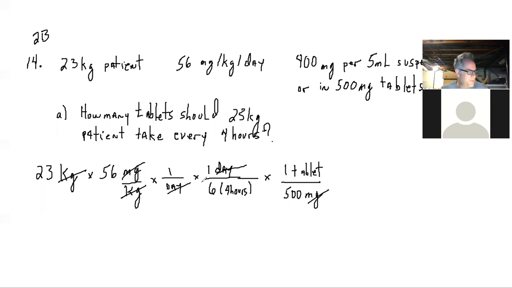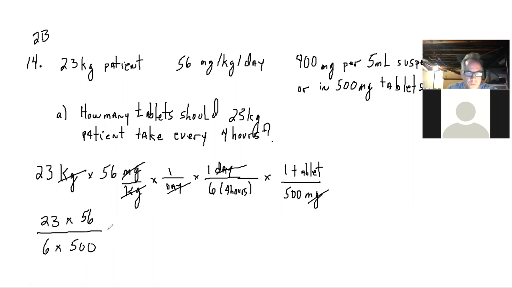All right, so at that point, it's a matter of multiplying 23 times 56, and then we're going to divide that by, in the bottom, 6 times 500. So I'm going to write this in terms of the numbers. 23 times 56, and then it's just times 1 across. And in the bottom, I've got 6 times 500.